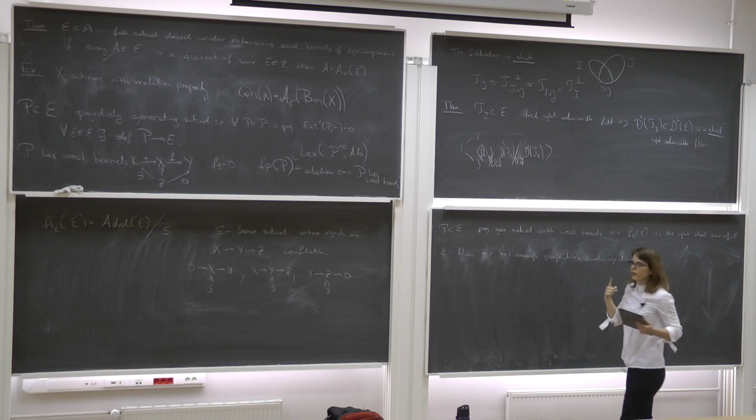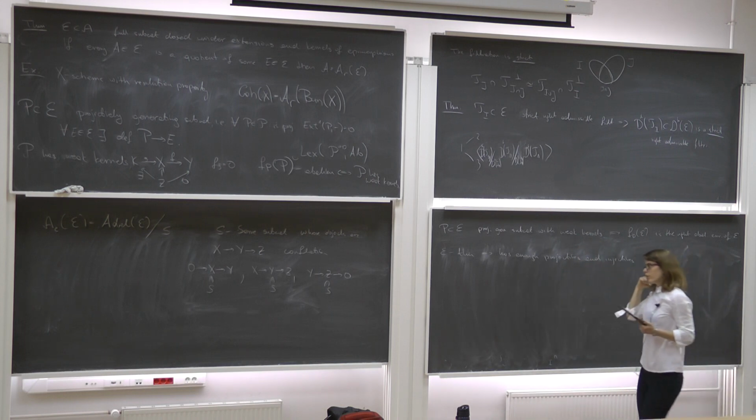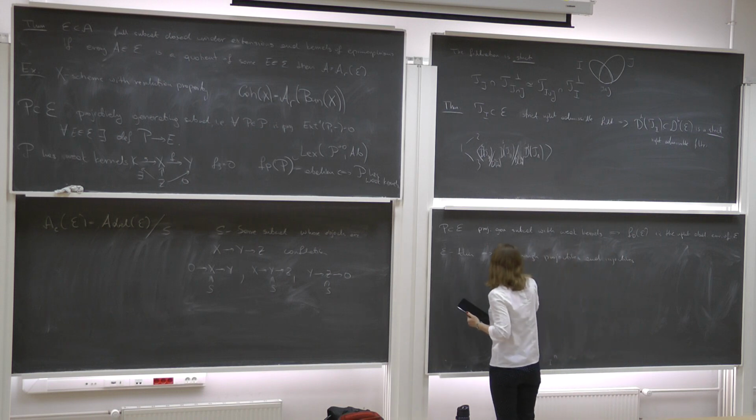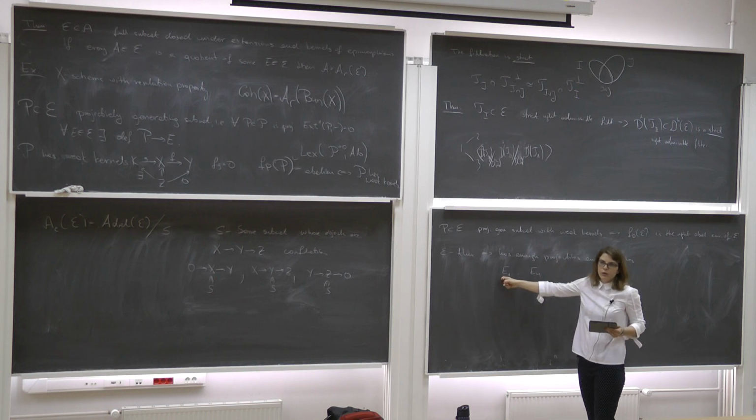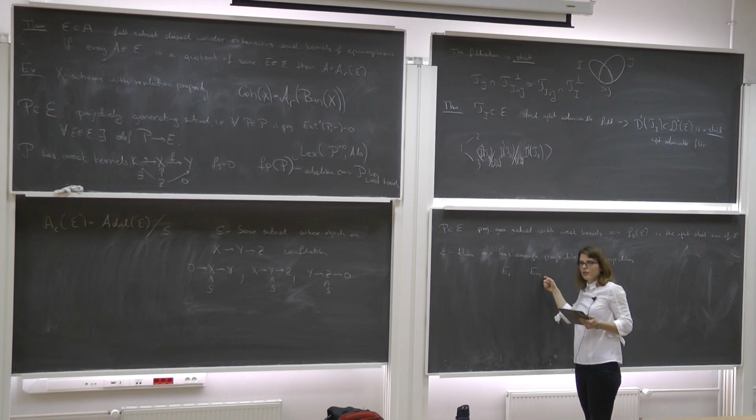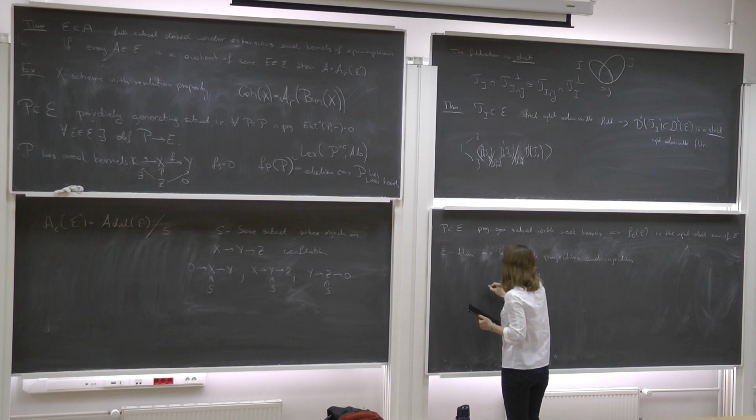You just construct them inductively. So I had these objects E1 to En. This one is already projective because there was no Hom and no Ext1 to anything further. So this one is projective.